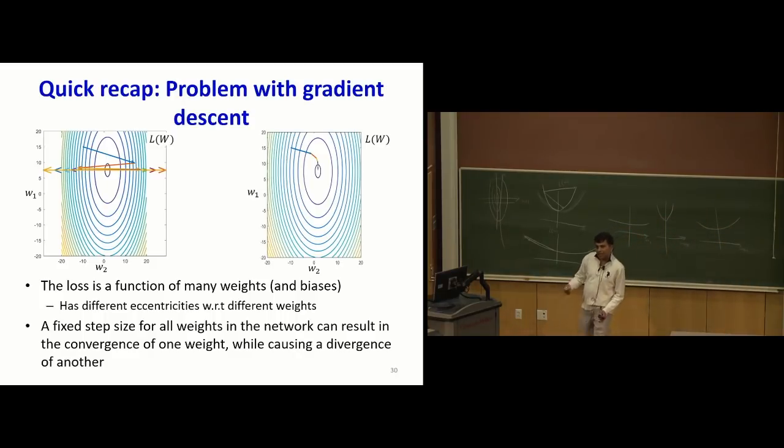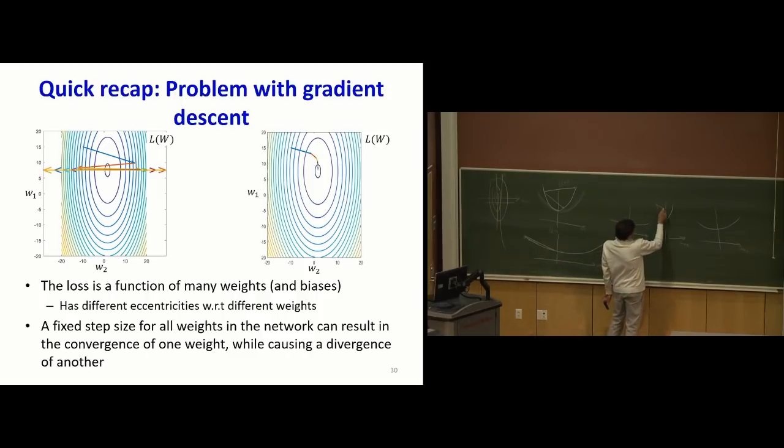If you're going to take a step size that guarantees convergence in every single direction, then remember, if you diverge in even one direction, you're not arriving at the optimum, and you have millions of parameters to optimize simultaneously. So I have to find the step size that ensures that even in the steepest direction, I go towards the optimum and don't diverge.